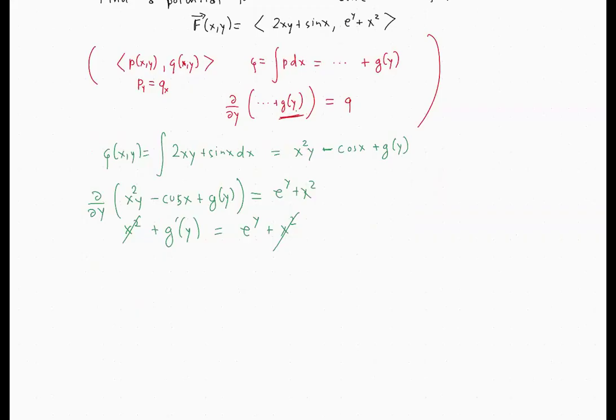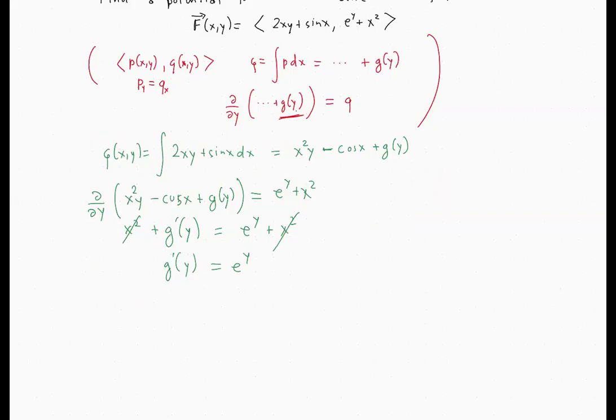That's exactly what would have gone wrong if this was not a conservative vector field. You wouldn't have found an expression that depends on just y, or you may have had further complications on finding an integral here. So different things could go wrong.